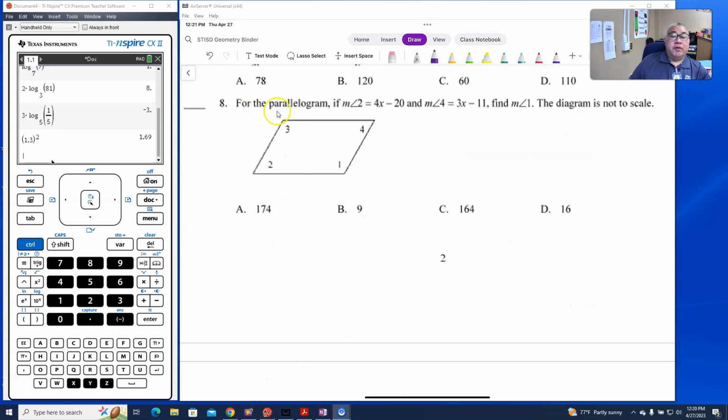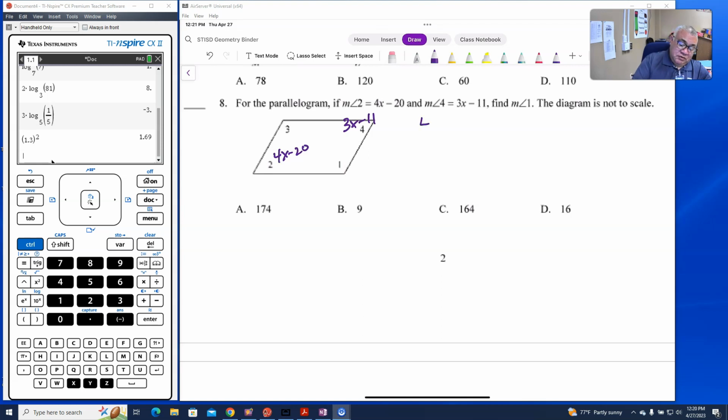Number 8, for the parallelogram, if the measurement of angle 2 is 4x minus 20, and we know that the measurement of angle 4 is 3x minus 11, we need to figure out the measure of angle 1.